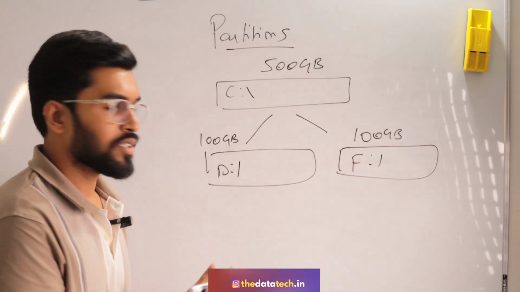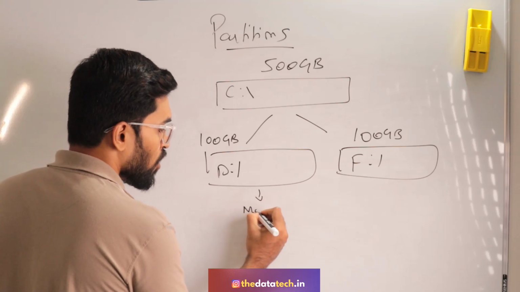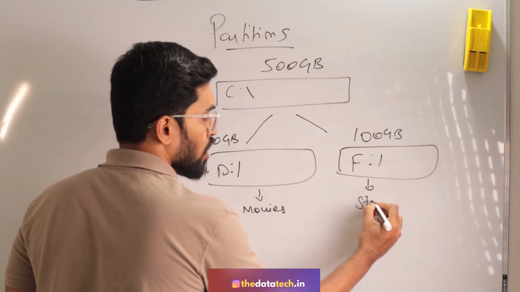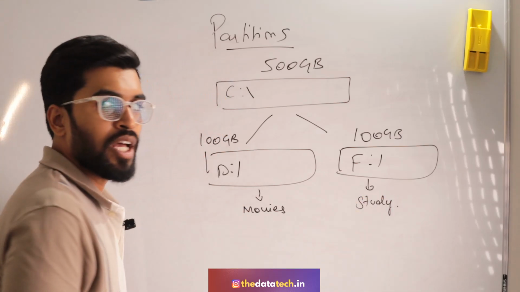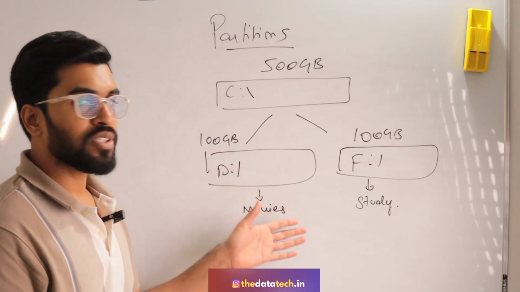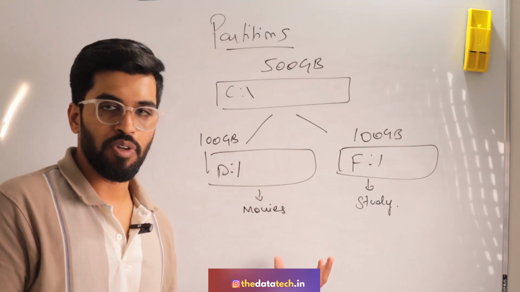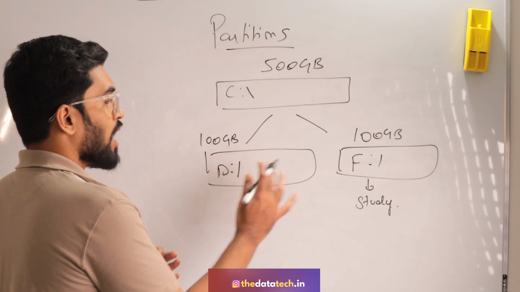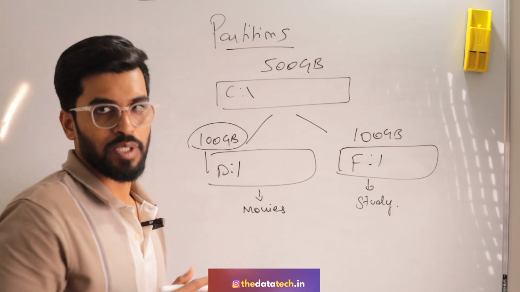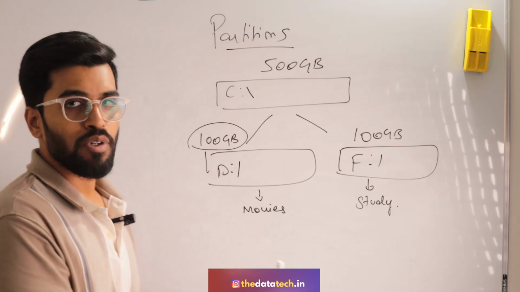Imagine in D drive I'm going to store all my movie files, and in F drive I'm going to store all my study materials. Now you have a movie file name and you want to search for it. You'll just get into the D drive and search for the movie file. That means your search scan is happening only in this 100 GB, not in the 500 GB, right? So that is the use case of partition.